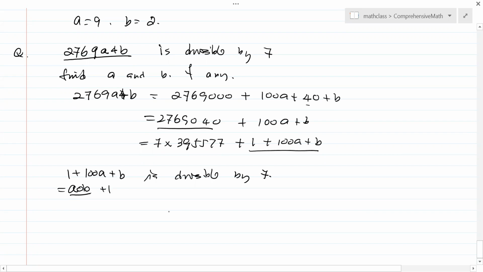The largest possible value of A0B plus 1 is less than or equal to 910.